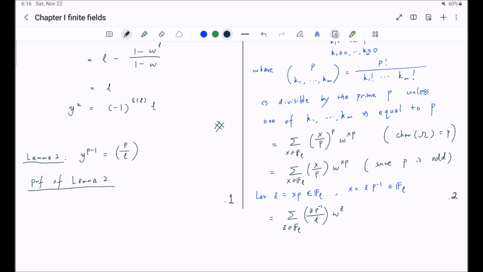And now, because the Lagrange symbol is multiplicative, as we have used before, we can factor out p inverse over L from here. And if we put this to the front, what do we have? We have just a sum of z over L times omega raised to the power z. And that is precisely our y.